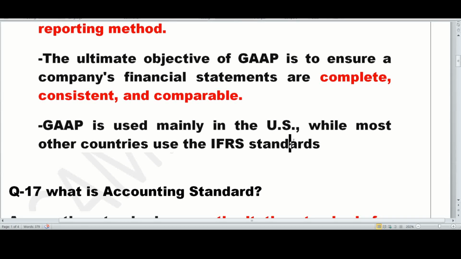Whatever may be the case, the concept of GAAP has been used in different countries in preparation of their financial statements.